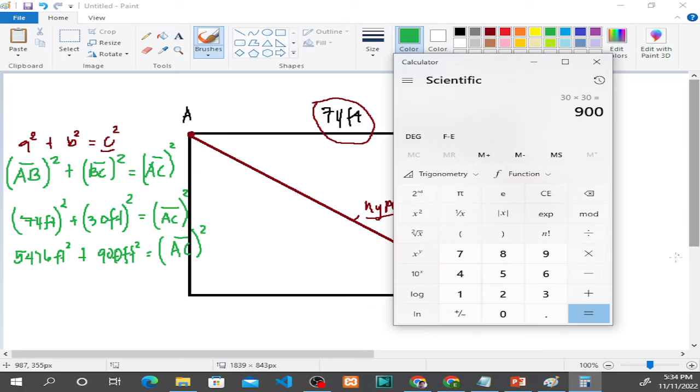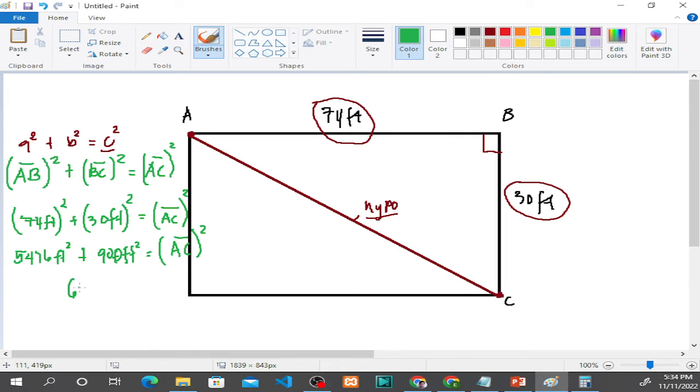Alright, so you add them together and you get 6376. Okay, so you get 6376, and then that is still AC squared, and then you get the square root of this. So you get the square root to get AC.